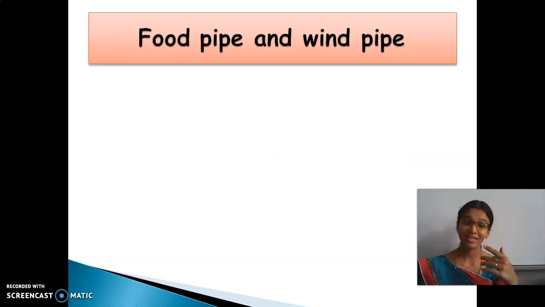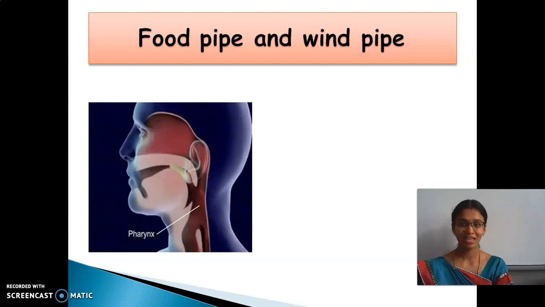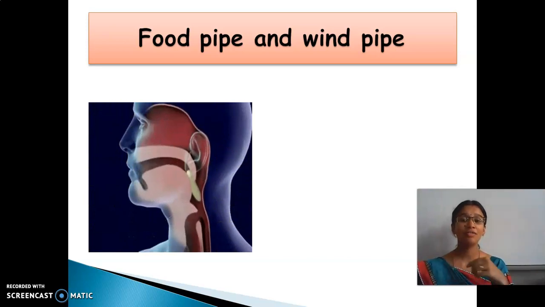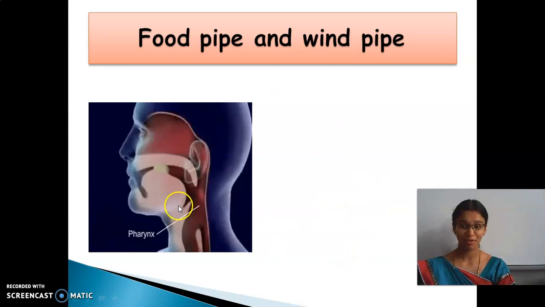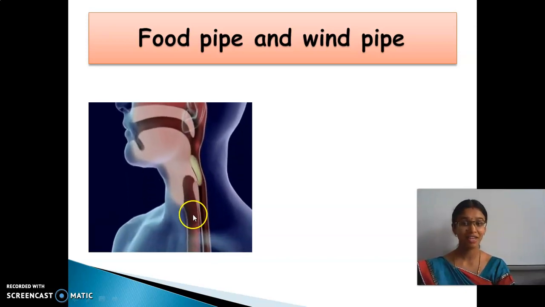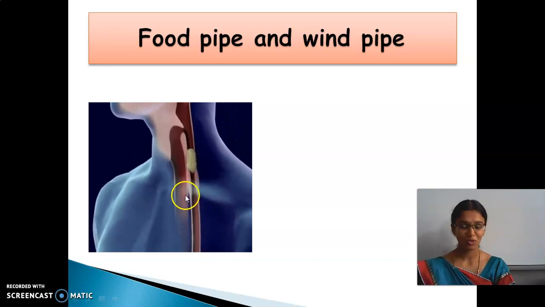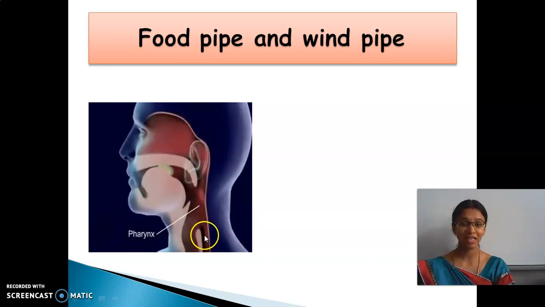As we saw in the last class, we are going to see about the movement of the food pipe and windpipe. See here, what is this? Windpipe. This is the food pipe. When the food passes, the windpipe closes. So when the food passes in the food pipe, what happens to the windpipe?